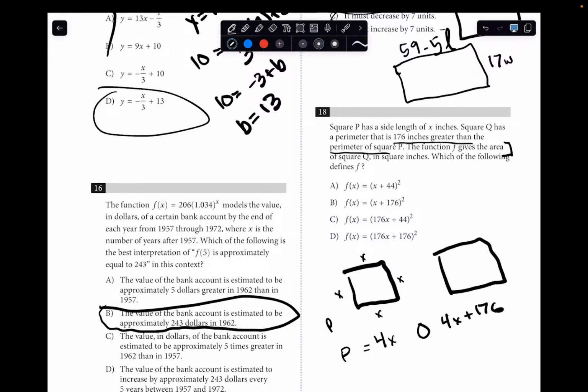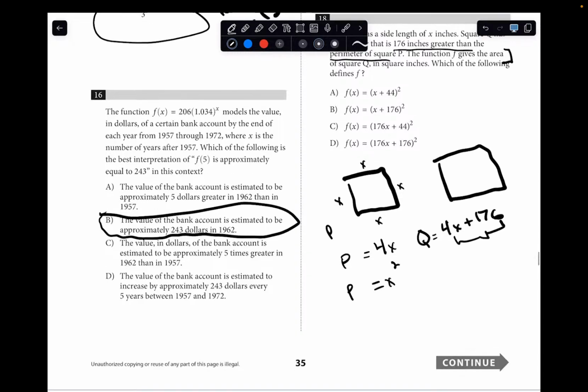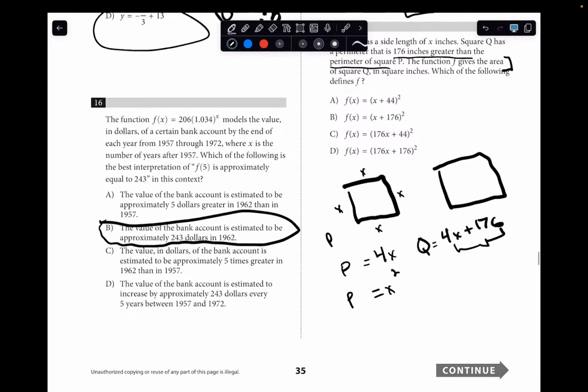So you're kind of comparing apples and oranges. This is perimeter, but we have to get that in terms of area. So you could also describe P as X squared. And then we know that all of these answers have a square function associated with them.